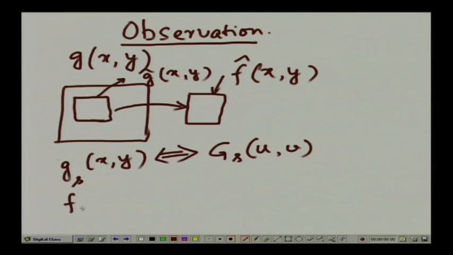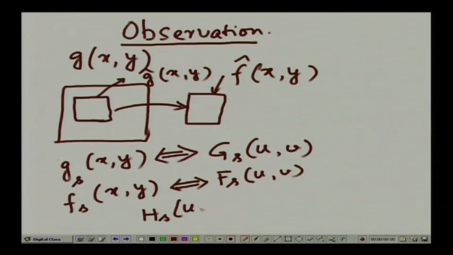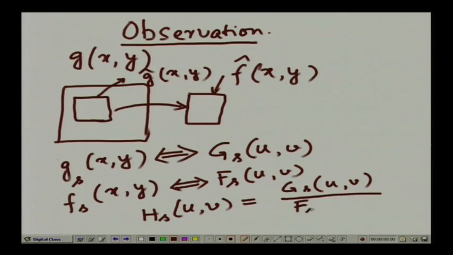Similarly, the image that I have formed by observation, what should be the actual image, I call it f_s(x,y), and if I take its Fourier transform, I get the Fourier coefficients F_s(u,v). Now, our purpose is to estimate the degradation function H_s(u,v) as G_s(u,v) upon F_s(u,v).